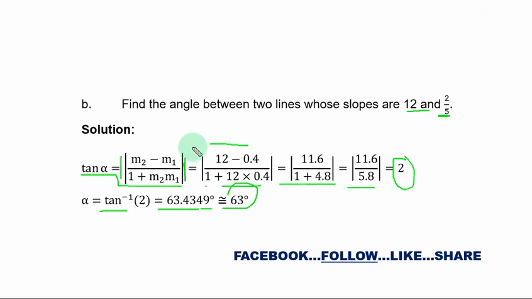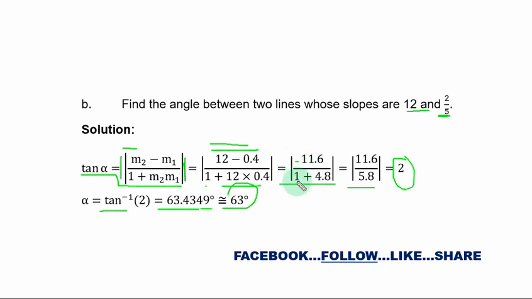Note that you can as well take M2 as 2/5, that is 0.4, and M1 as 12. If you do that here, it becomes 0.4 minus 12, that will be minus 11.6.